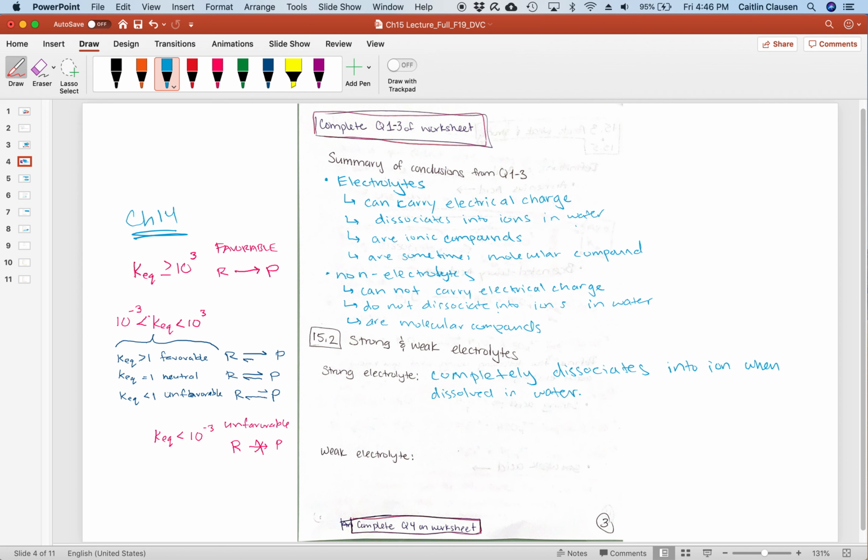Dissolved means we're disrupting only the intermolecular forces. A weak electrolyte only partially dissolves or dissociates. It might fully dissolve, but it only partially dissociates into ions when dissolved in water.